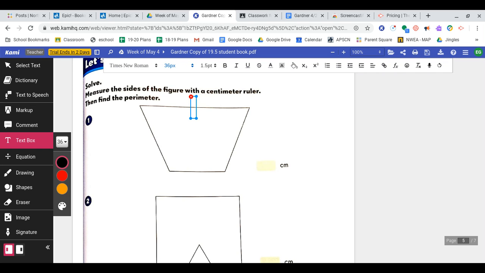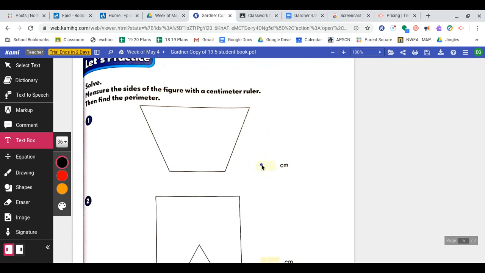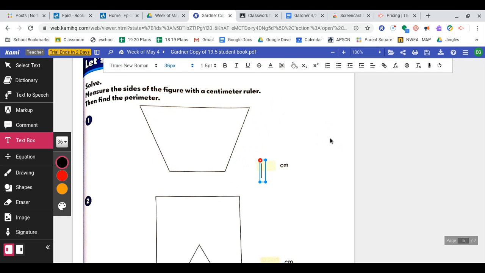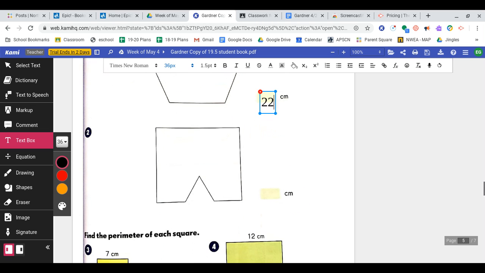After you're done with all of them, we'll just go over the answer in centimeters. Okay, so it should be 22 centimeters as your perimeter for this one. After adding up each of these sides, you should have a perimeter of 24 centimeters.